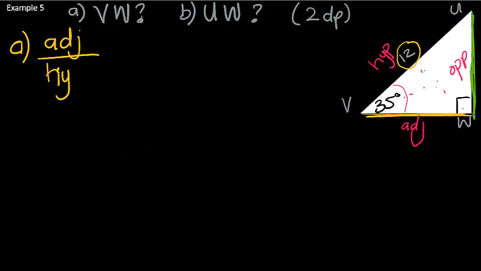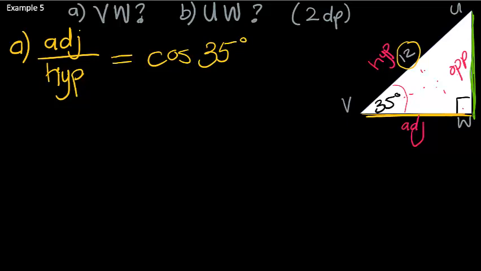Adjacent over hypotenuse, when written down like that, automatically you have a light bulb going off saying ding ding ding, adjacent over hypotenuse is cos. And remember, all of our trig ratios have a relationship with an angle, so it's cos of 35 degrees. Cos of 35 degrees is equal to adjacent over hypotenuse.